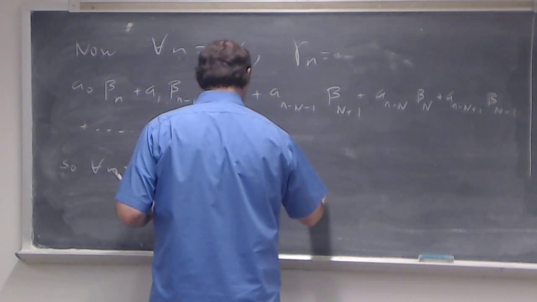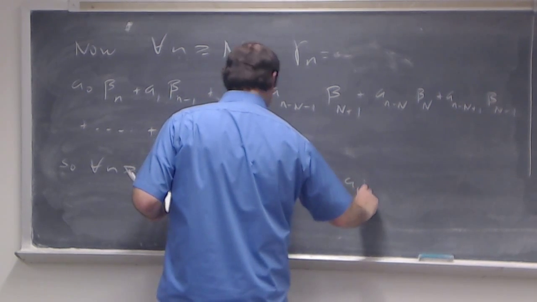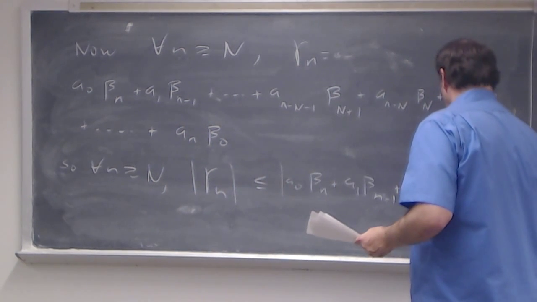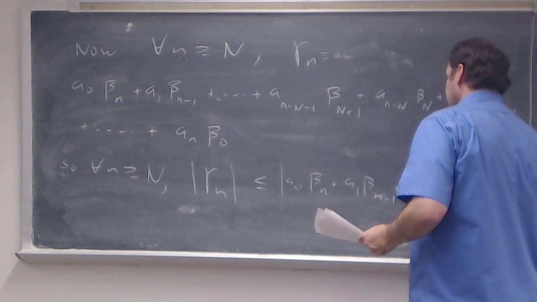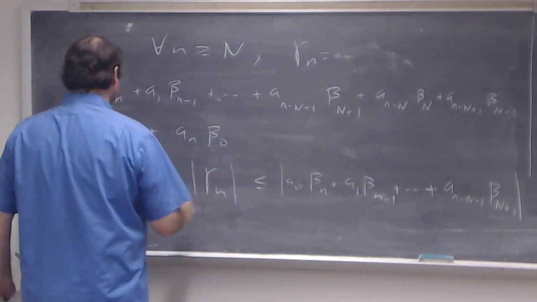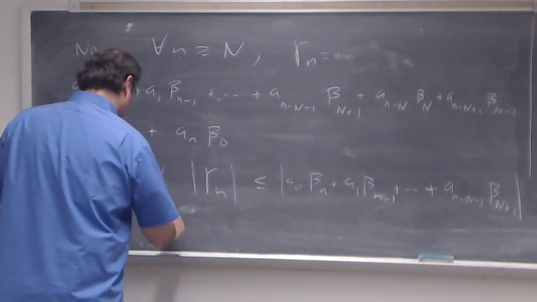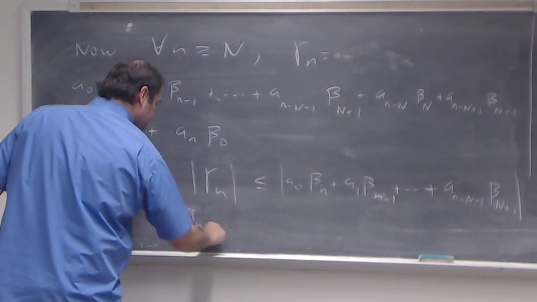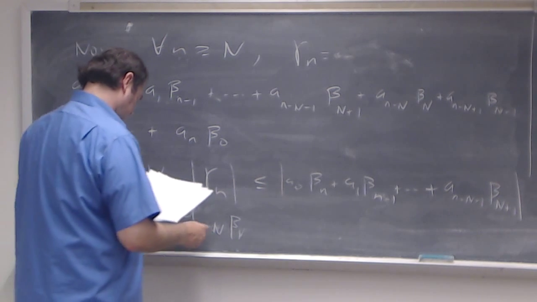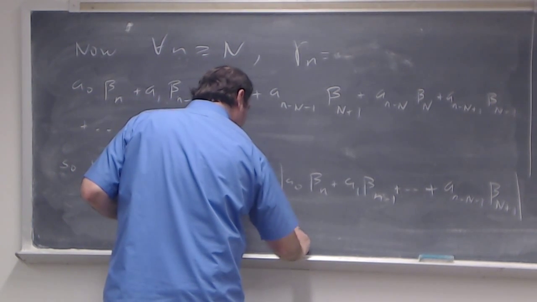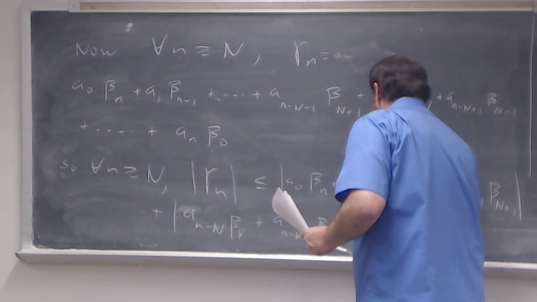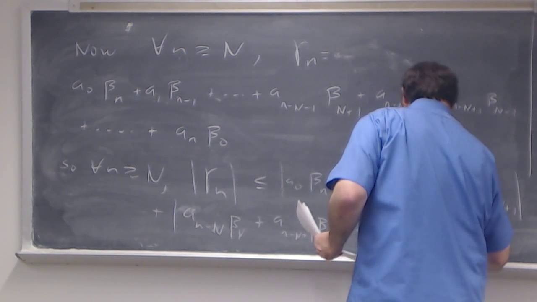So here I'm going to have A sub 0 beta sub n, plus A sub 1 beta sub n minus 1, plus all the way up to here, this term, A sub n minus big N minus 1 beta sub big N plus 1, plus, so I'm using the triangle inequality, here it would be the absolute value of A sub n minus big N beta sub big N, okay, plus A sub n minus big N plus 1 beta sub big N minus 1, plus, keep going, all the way up to A sub n beta sub 0.